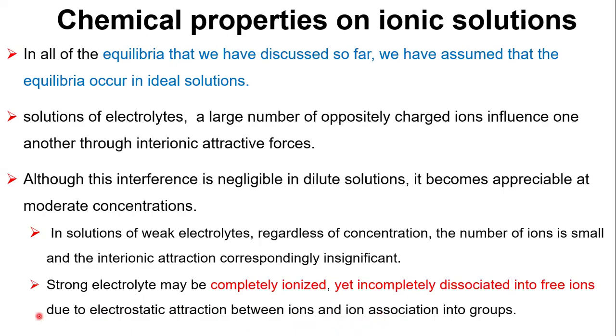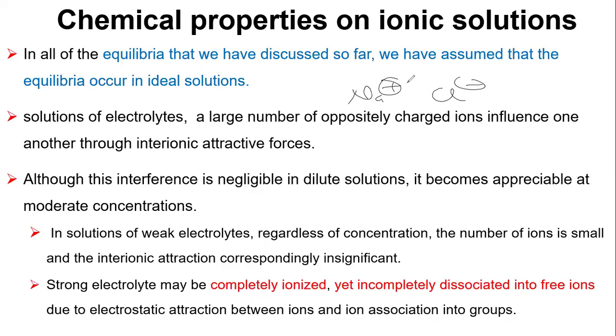The whole point here is first of all acknowledging that strong electrolytes fully ionize. Even though they fully ionize in the solution, they don't fully dissociate. If I have a solution containing Na+ and Cl-, the sodium chloride will fully ionize in solution, but this is still positive and negative, and always there's an attraction between positive and negative.